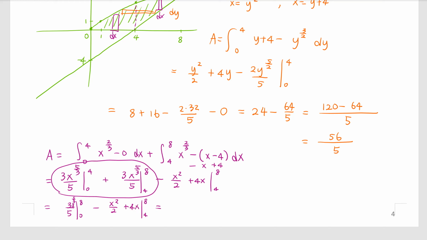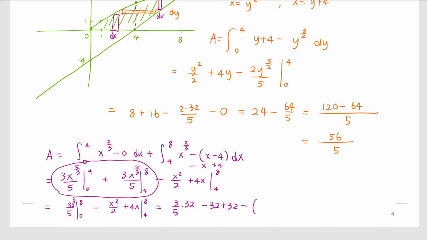Okay, so let's see. We plug in 8 first. Cube root of 8 is 2, to the 5th, 32. 8 squared, 64 over 2, 32. 8 times 4, 32. Minus negative.